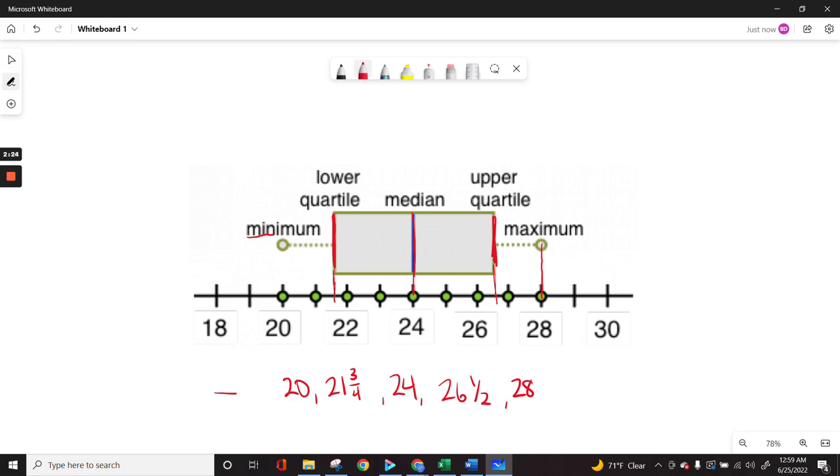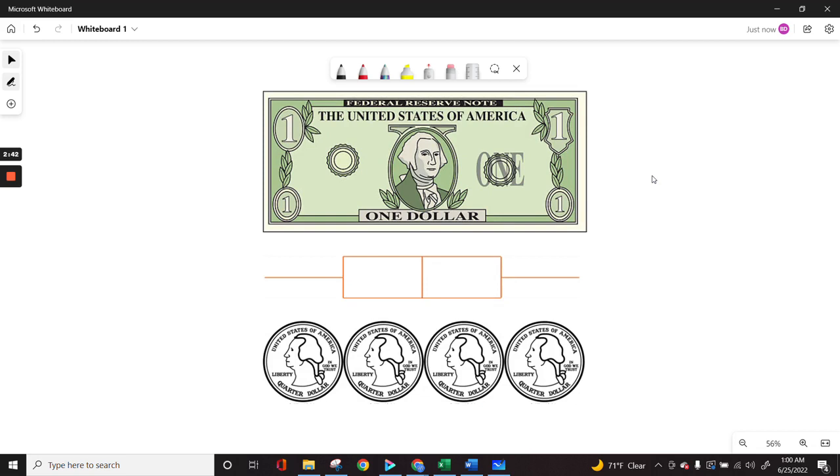So we can find the 5 numbers, the 5-number summary, relatively simple. But what do they mean? And that's going to be the big part here. What do they mean and how do we use them? The way you read a box and whisker plot is very similar to thinking about money. From the beginning to the end, it's 100%, or like a whole dollar.